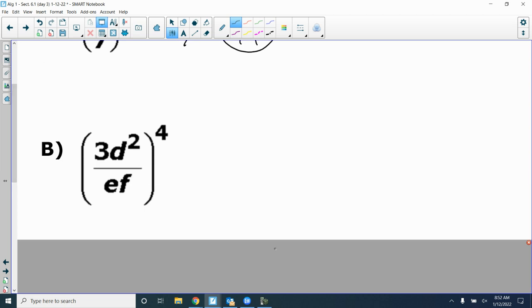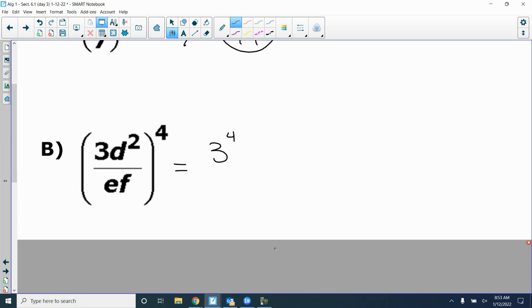You've got it in front of you. That's okay. We still need to hit some things twice. Ellie, what do we do? What do you think? You do the d to the fourth power. What about the 3, though? Let's go all the way from left to right. What about the 3? 3 to the fourth power. Good. The power goes to the 3, and then what happens to d squared to the fourth power?